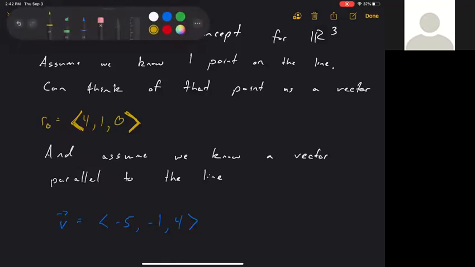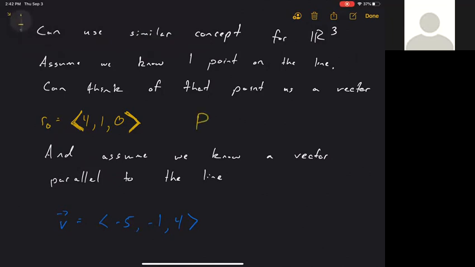So let's say we have the point P (4, 1, 0) on the line. We can think of that point as a vector from the origin to that point P, which we could abbreviate as the vector r0. The endpoint of that vector is on the line, which is the same idea as that point being on the line.